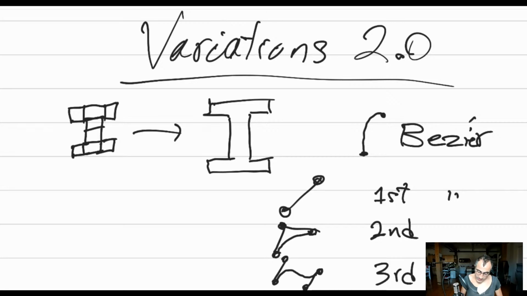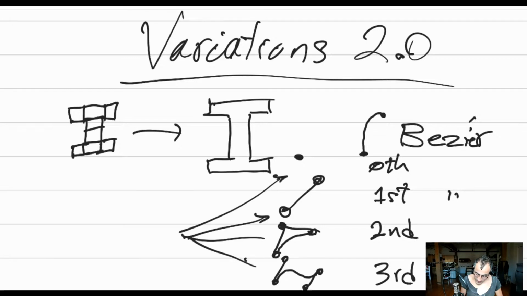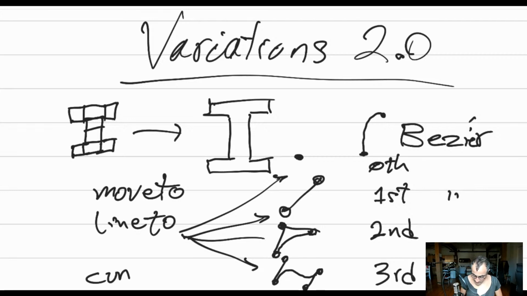So the outline is constructed out of this, and then you can think of a zeroth order Bezier as being just a value, just a constant. It's just one point. This actually maps very well to the common drawing APIs inherited from PostScript, which is called move to, line to, and curve to, which typically maps to the third degree polynomial Bezier. Some also have quadratic too.